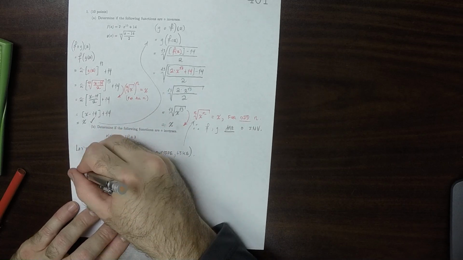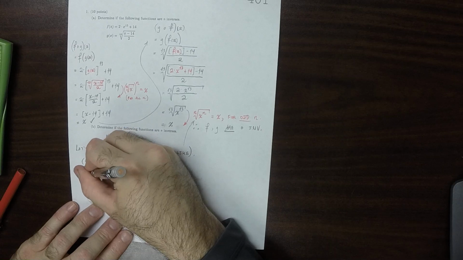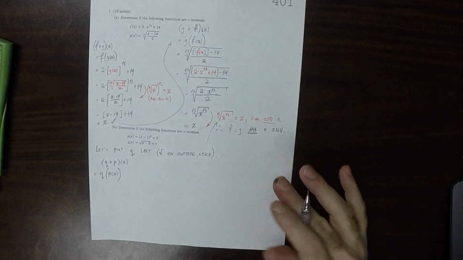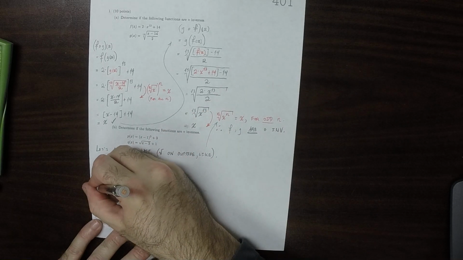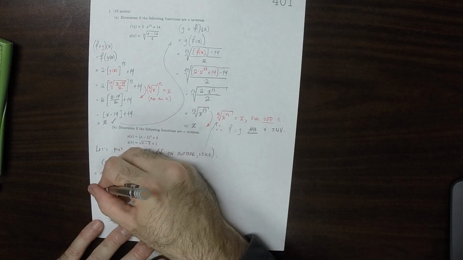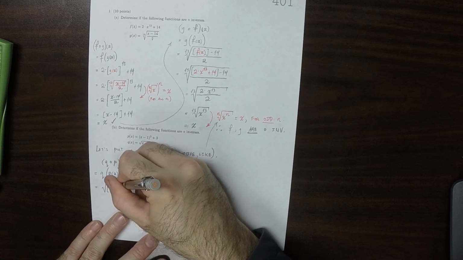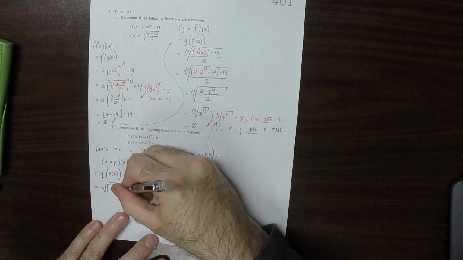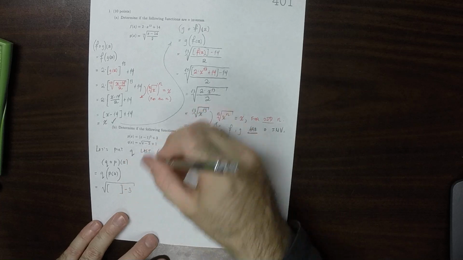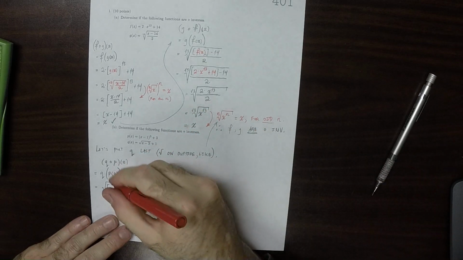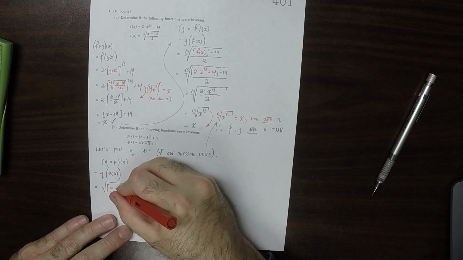Without the composition operator, that's q of p of x. Alright, so then that will be square root. And then I put a slot here. Minus 3 is in the radical, and then plus 1 is outside the radical. And then what goes in the slot is p of x.